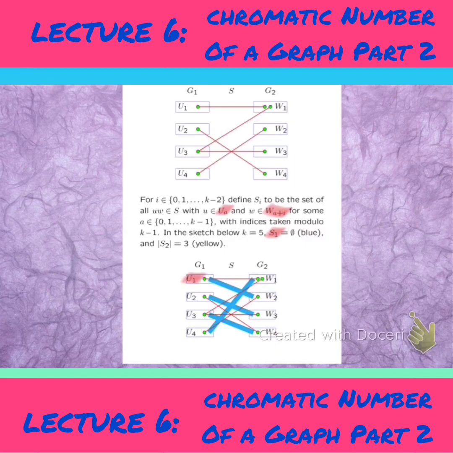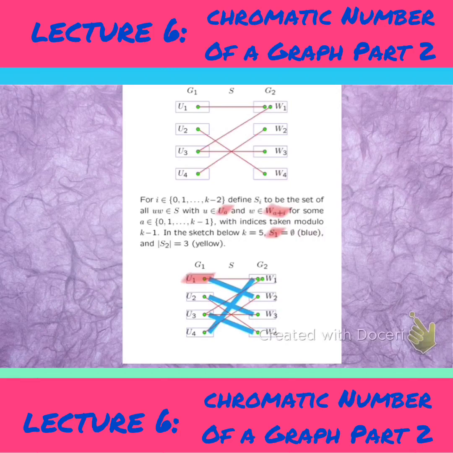So for U1, you count all the edges between U1 and W2. In this case, that's empty. Then you go to U2 and count all the edges between U2 and W3.